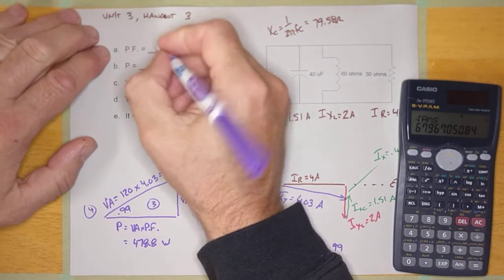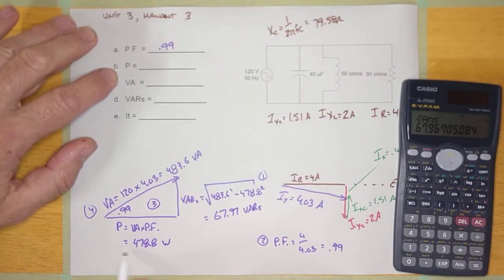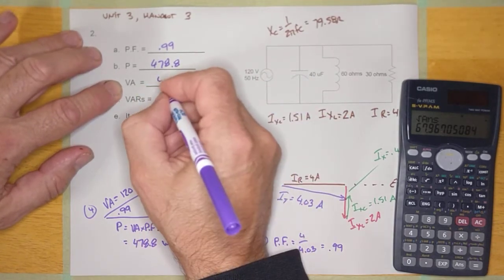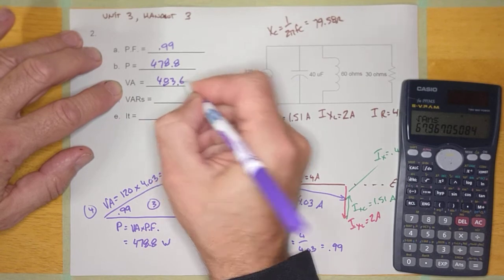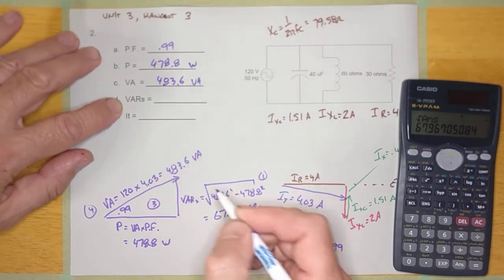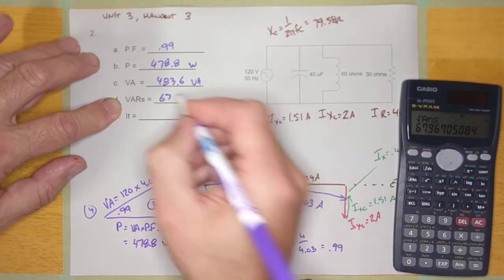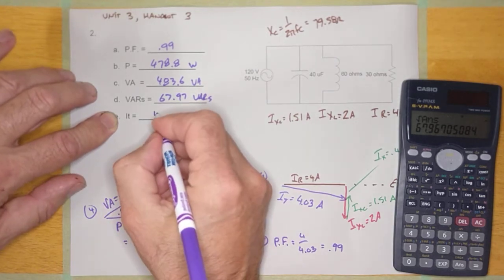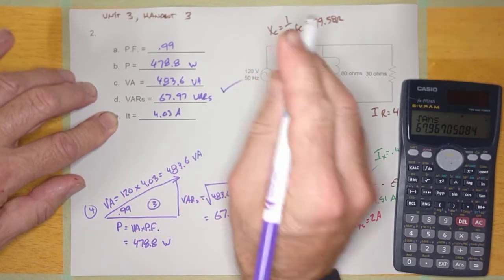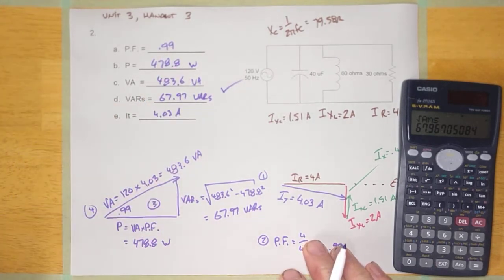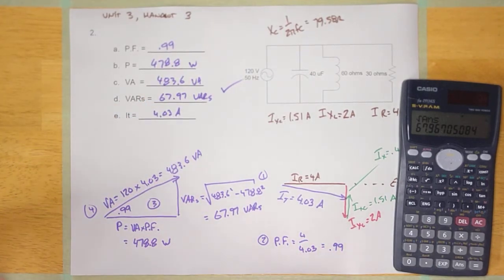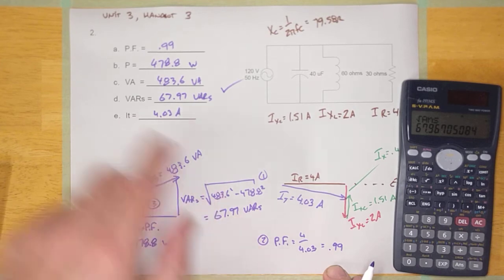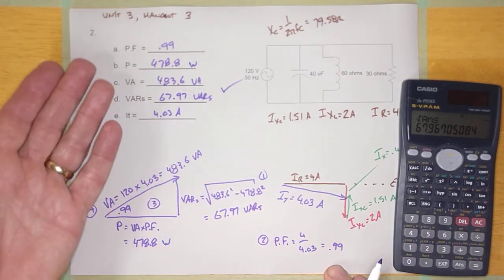Let's look it up here: power factor 0.99, true power 478.8, VA 483.6, VARs 67.97, I total 4.03. If you look at the back of the book, the answers are slightly different, and that's just rounding. I wouldn't get too excited about it, because I did some rounding with the power factor and so on. It doesn't matter.